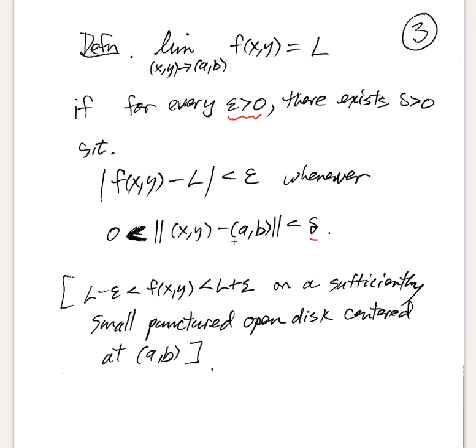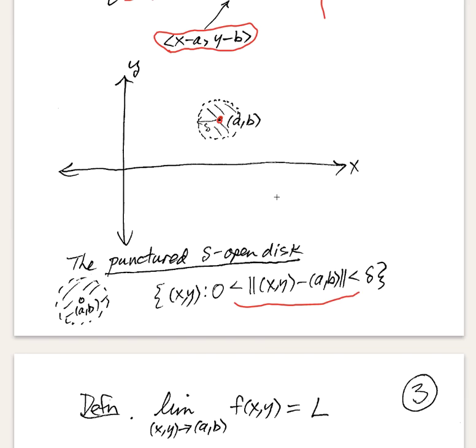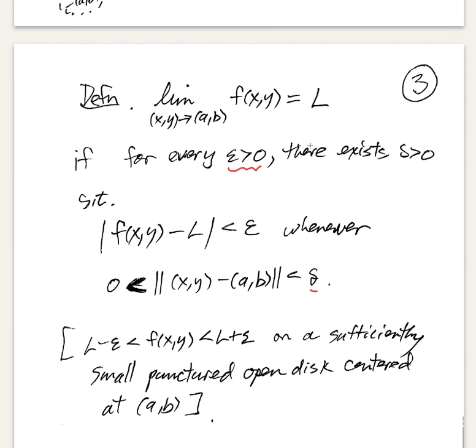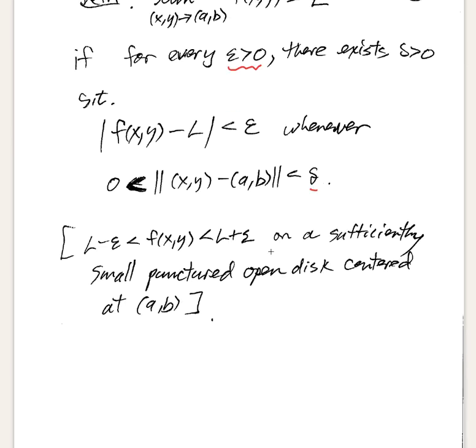So what this is saying is, if you get close enough to (a, b), the function values around it will always be sufficiently close to L. Again, if you didn't like absolute value signs here, you can get rid of those and just say that f(x, y) is between L minus epsilon and L plus epsilon on a sufficiently small punctured open disk centered at (a, b).